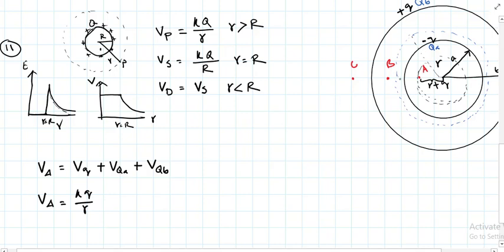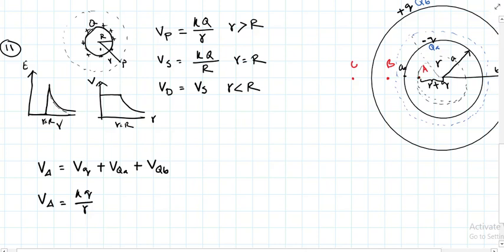Plus, for the QA surface, which is the inner surface, the charge is at the surface QA, but this point A is inside that sphere, right? So what would be the potential here?